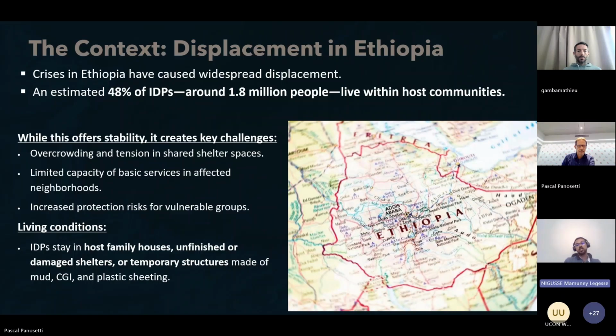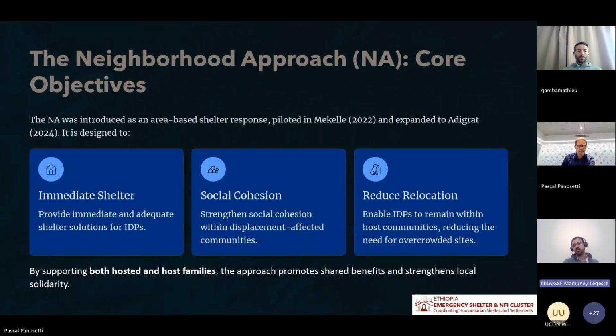When we see the basic objectives of the neighborhood approach, like I said initially, the main idea is to have the IDPs within the host community with increased social cohesion. In a way, the area-based census and needs of the affected communities are considered.